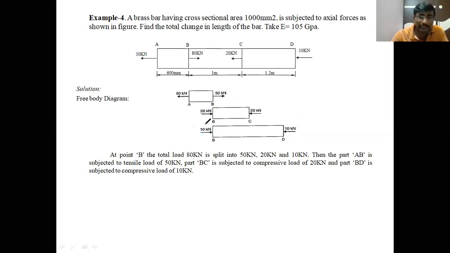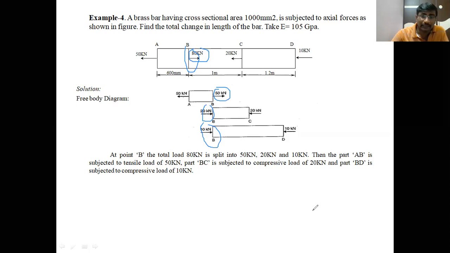So this is called the principle of superposition. What is the principle of superposition? The effect produced by the load at a certain point is equal to the summation of the effects produced by the individual loads at that point.